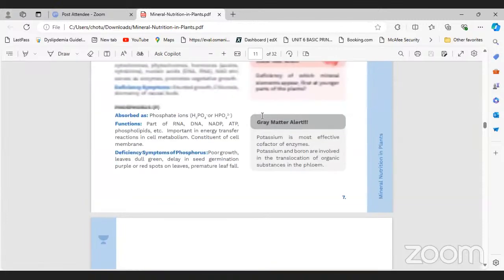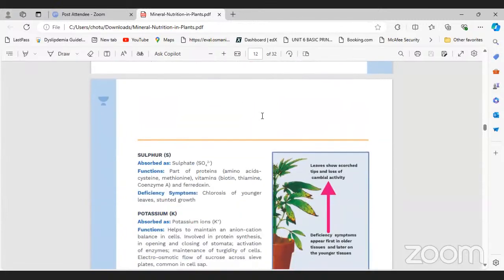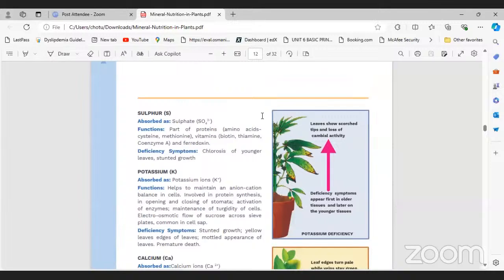Now we can look at potassium and its deficiency. Phosphorus, calcium, magnesium.